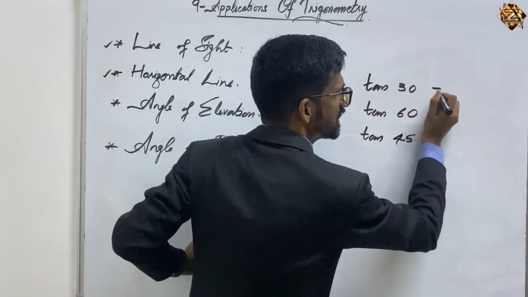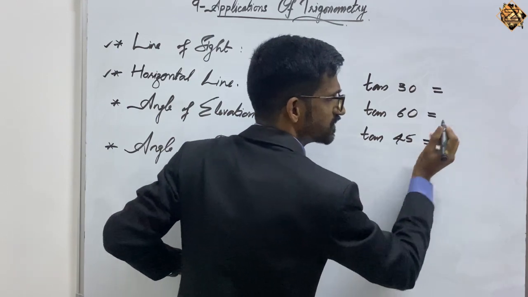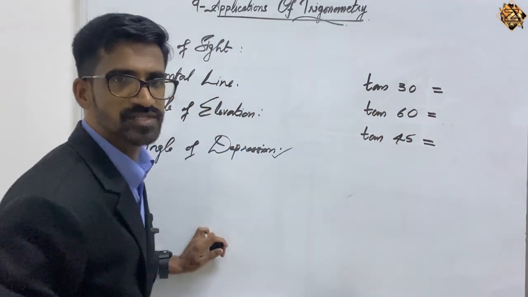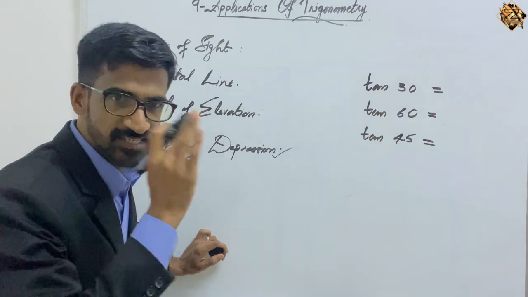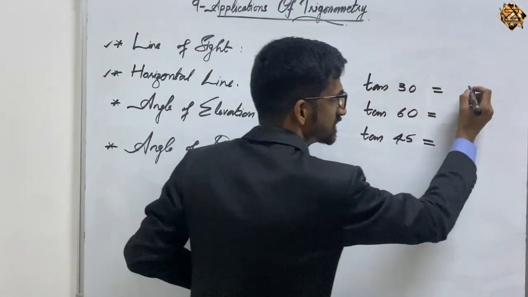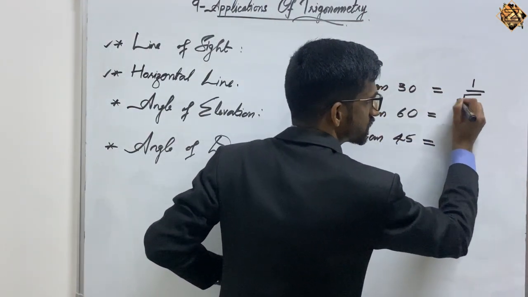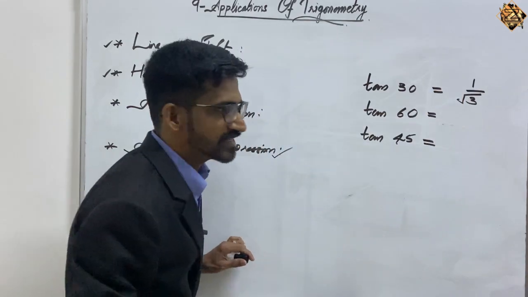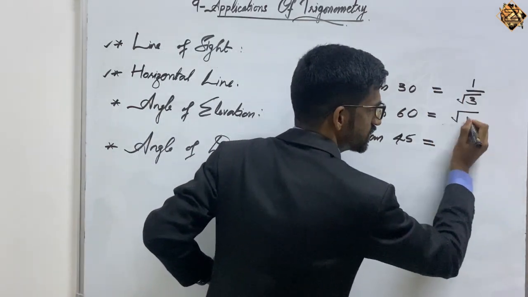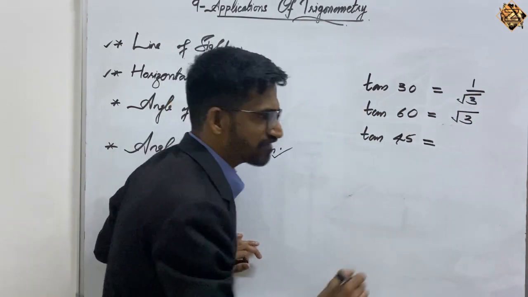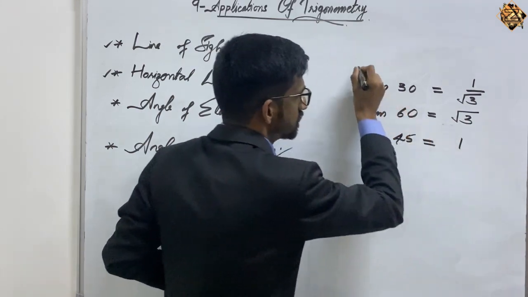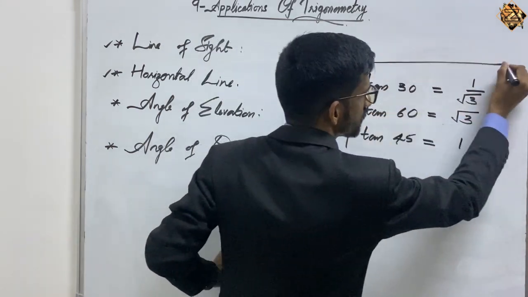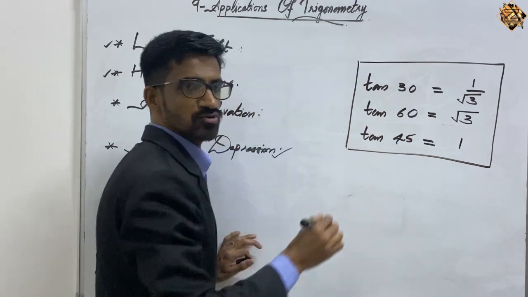So basically we must know the values of these trigonometric ratios. Okay, tan 30, keep in mind, it is 1 by root 3. Tan 60 is root 3 and tan 45 is 1. These three values we must know to solve the questions.